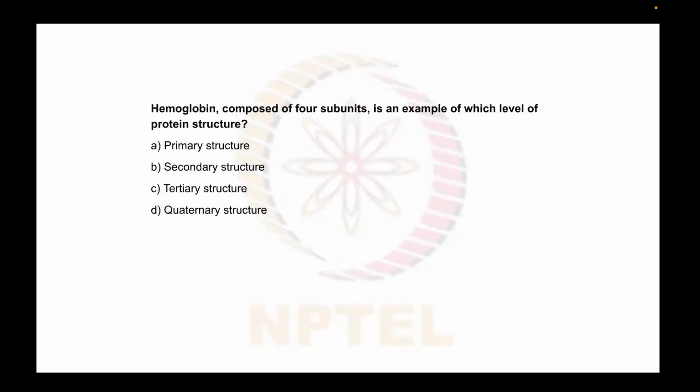Hemoglobin composed of 4 subunits is an example of which level of protein structure? Whether it is primary structure, secondary structure, tertiary structure, or quaternary.